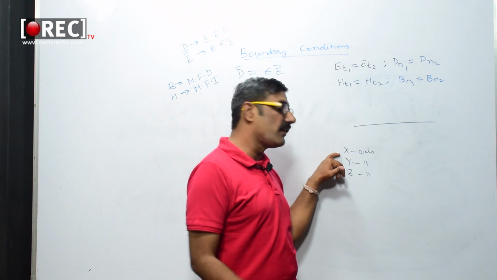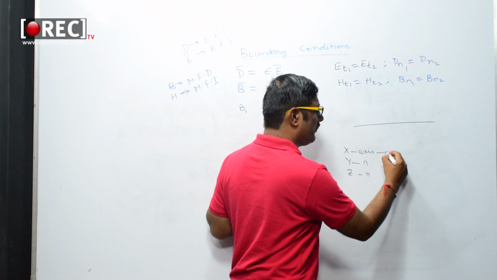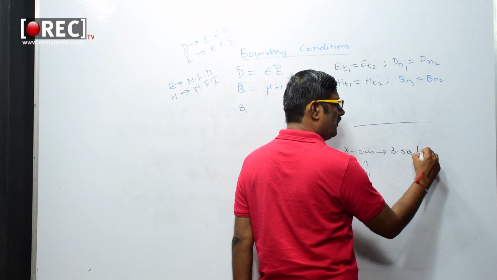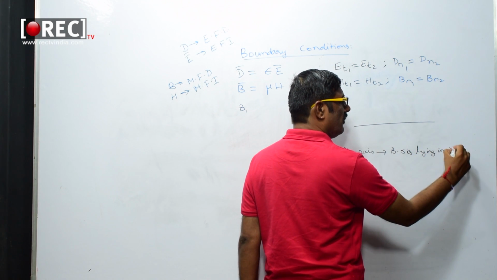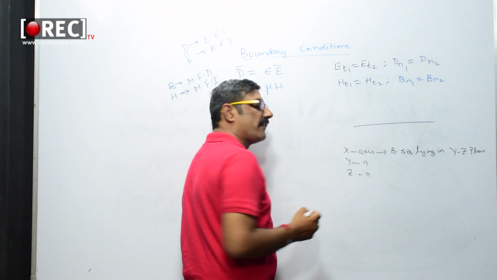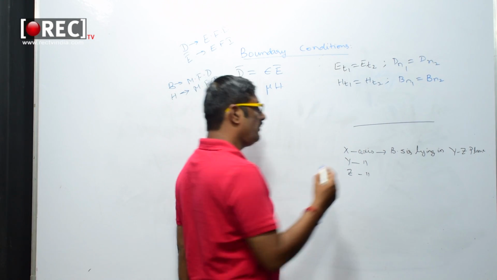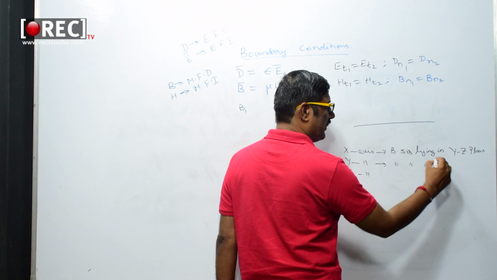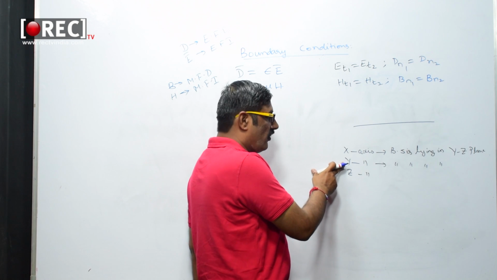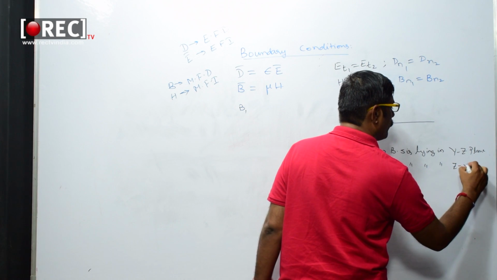If the x-axis is acting as the boundary, the boundary surface would be along the yz plane. So for this case, the boundary surface is lying in the yz plane. Similarly, if the y-axis is the boundary between the two dielectrics, the boundary surface is along the zx plane.